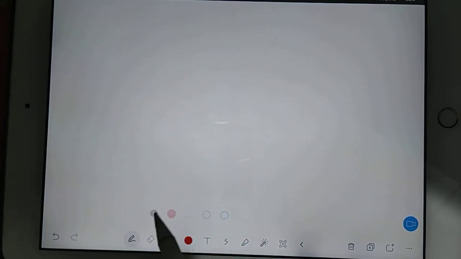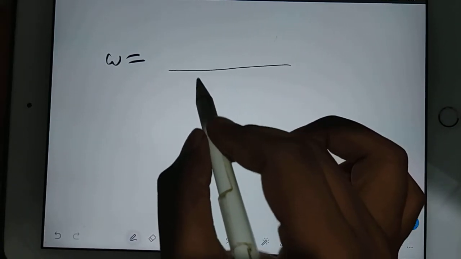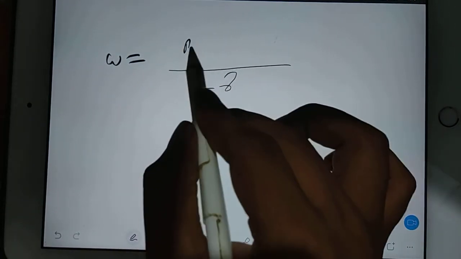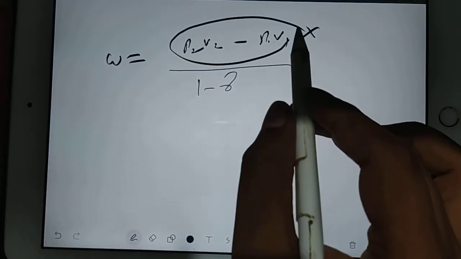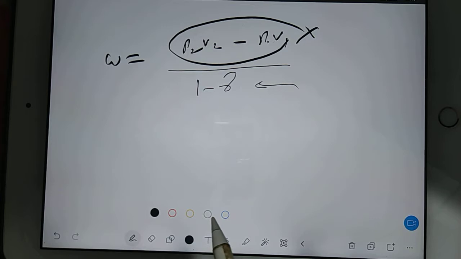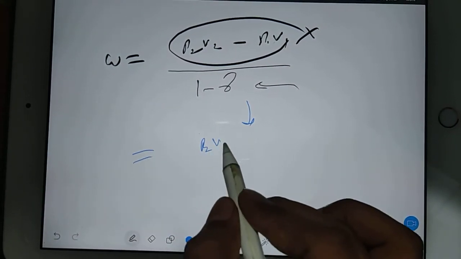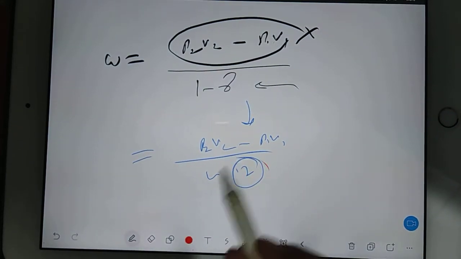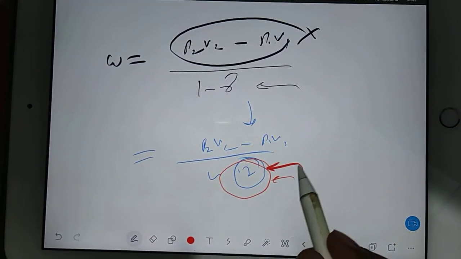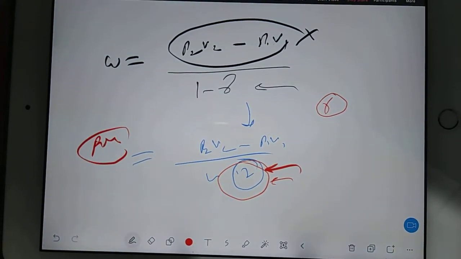For example, in the work done formula we got 1 minus gamma at the bottom and P2V2 minus P1V1 at the top. So at the top we don't have gamma, but at the bottom we have gamma. The same equation becomes P2V2 minus P1V1 divided by 1 minus n. But this n will be something else. It will not be equal to gamma, because we are dealing with polytropic now.